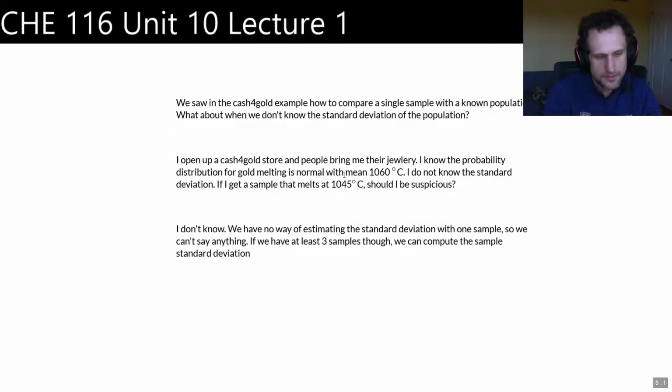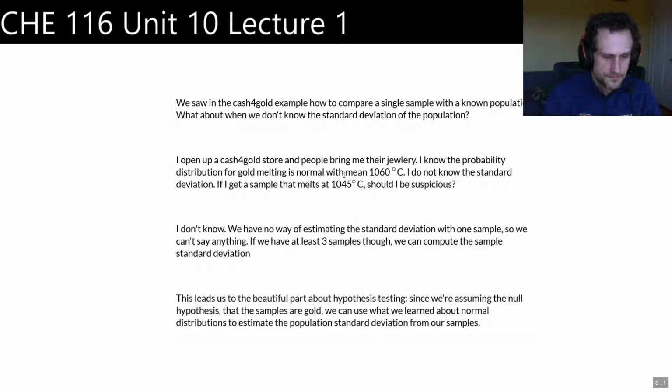Okay. So in this case, I'll have a couple of samples. I'm going to use my samples to estimate the standard deviation, and then I'm going to see if it's likely to have come from the same distribution as the gold distribution. And remember, you might say, hey, Professor White, my samples might not be gold, so how can I estimate the population standard deviation of gold using my samples?